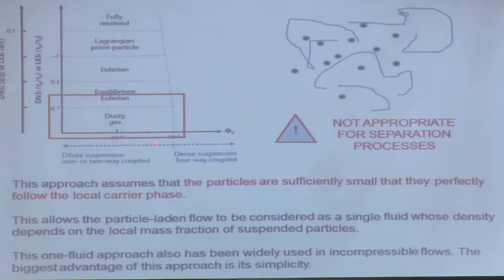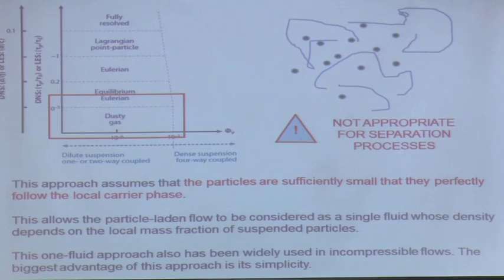So let's say that you have very, very, very fine particles. So this is what we call a dusty gas or a dusty liquid. So it's like if you have a liquid with only fines, and the geometry is very broad. So in that case, you can assume that the particles are all suspended by the flow, and they are flowing with the flow without any slip. Okay, they are just following the flow.